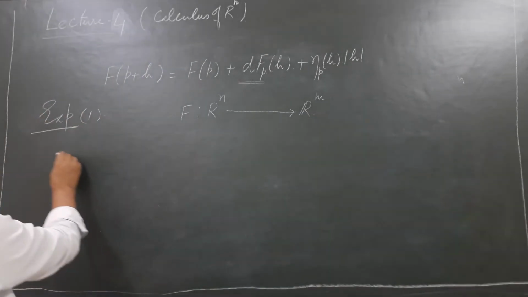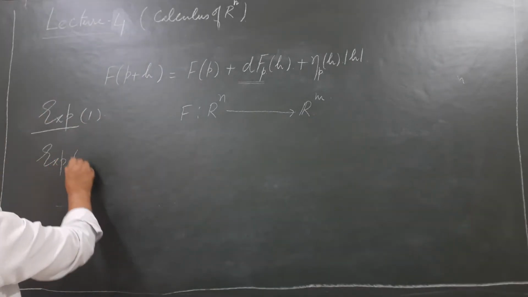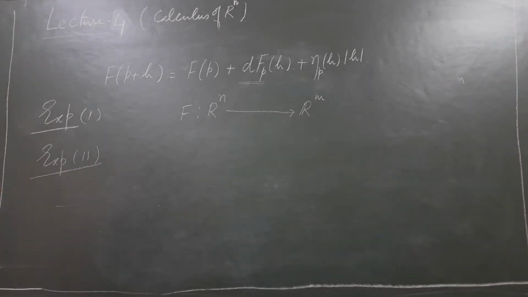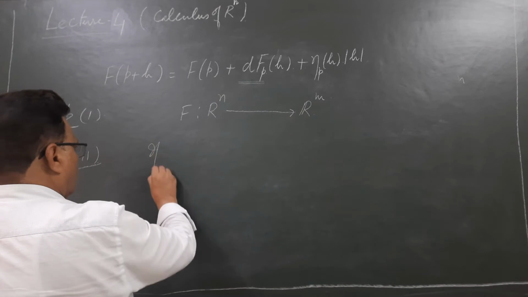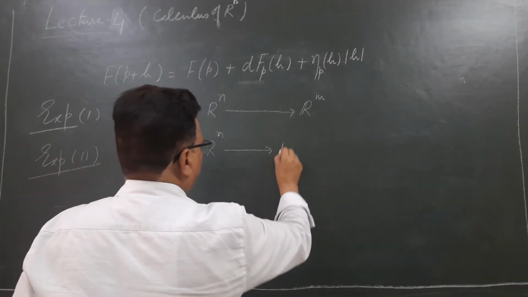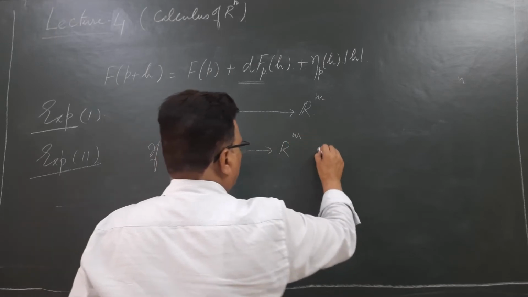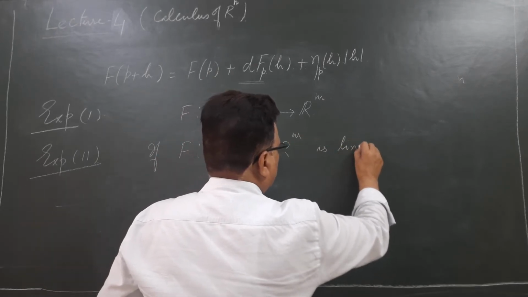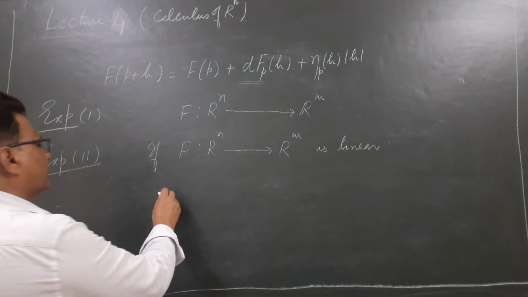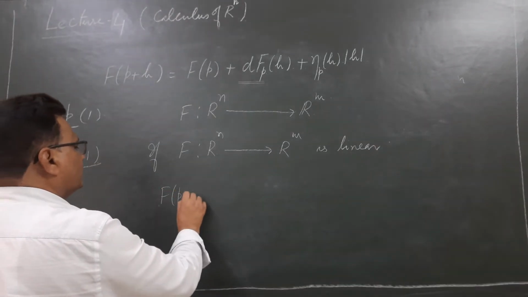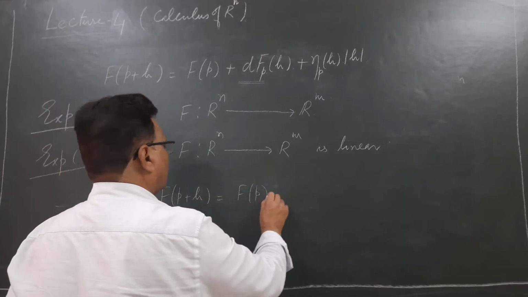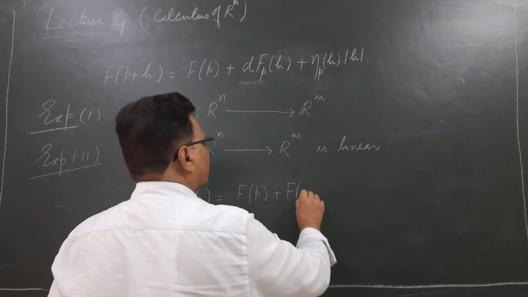The next example, the trivial one, is that of a linear map. If f from Rn to Rm is linear, then because of linearity, f of p plus h will be equal to f of p plus f of h.